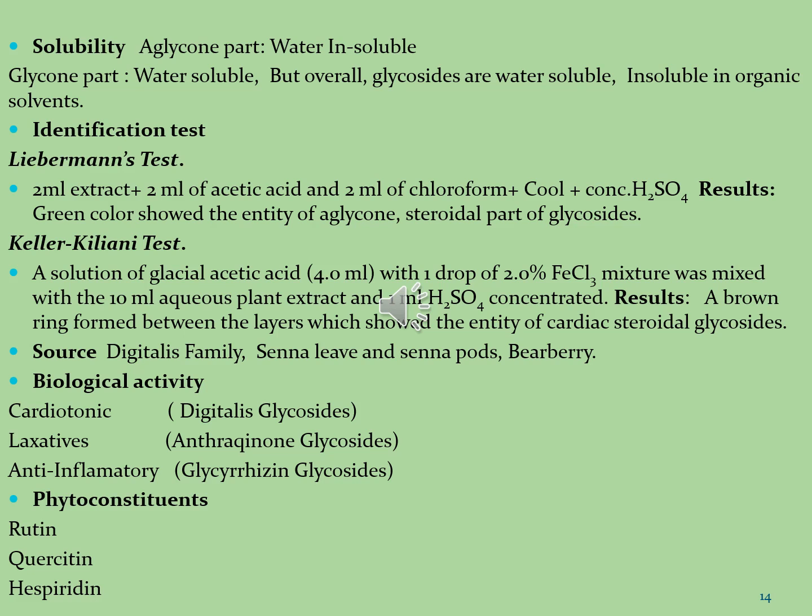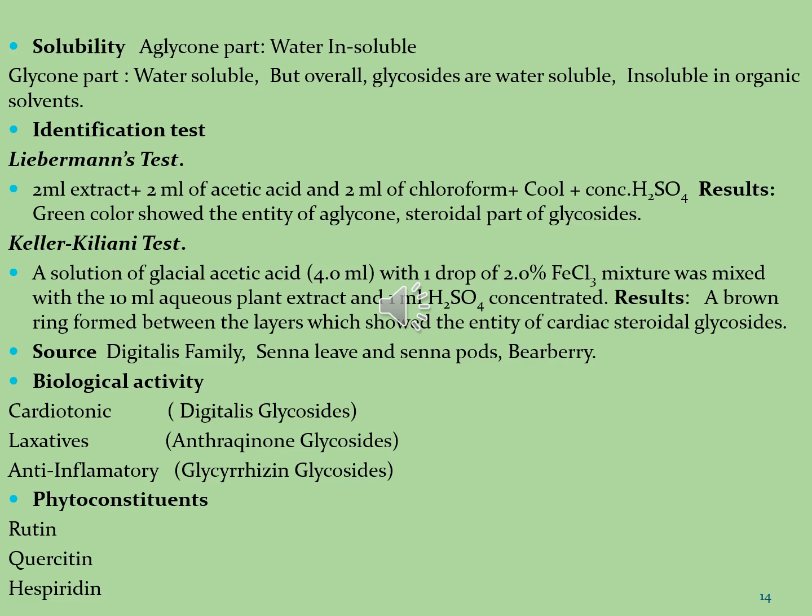and bearberry. As for biological activity, it behaves as a cardiotonic agent due to the presence of digitalis glycosides, as a laxative due to the presence of anthraquinone glycosides, and as an anti-inflammatory agent due to the presence of glycyrrhizin glycosides.